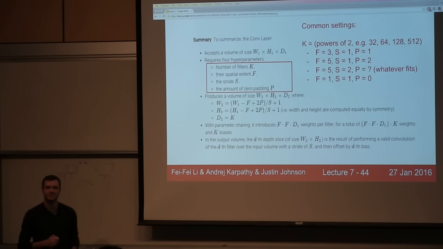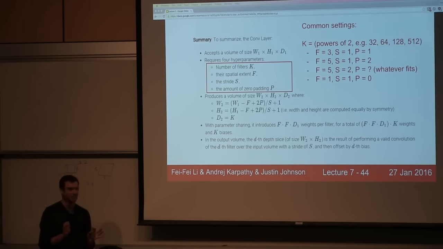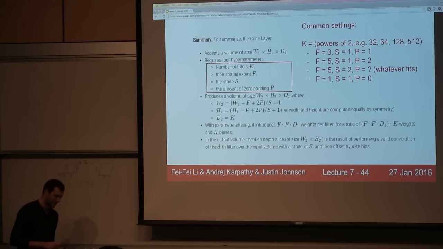Go ahead. Why is the size of F always odd? Thank you, I forgot to mention that. You almost always see 1, 3, 5, 7, 11 sometimes, and that's mostly what you'll see. You won't see even numbers for the sizes of filters, because odd filters have a nice representation. 3 is the smallest thing that makes sense in terms of having something on the left and on the right of a filter.